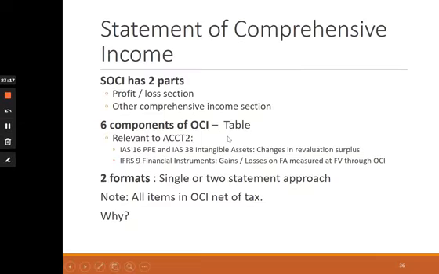The statement of comprehensive income has two parts. The first part is known as your profit or loss section, and the second part is your other comprehensive income section.